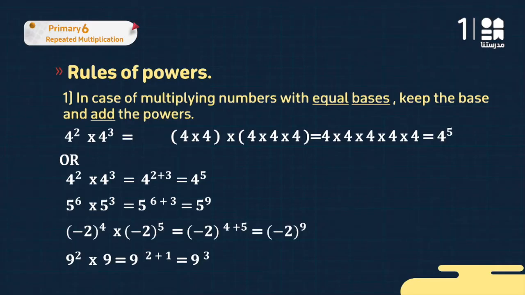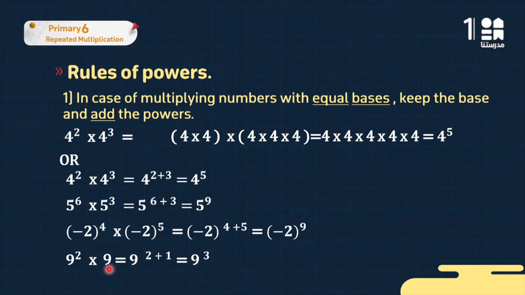So I have 9 to the power of 2 times 9. Concentrate on this point: 9 is written without a power. But if I have something like that, it means that I have a power of 1, but I'm not writing it. So I will write 9 to the power of 2 plus 1. Where does the 1 come from? From the 9.